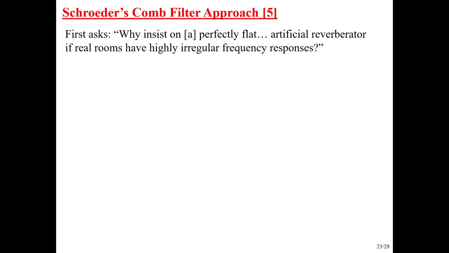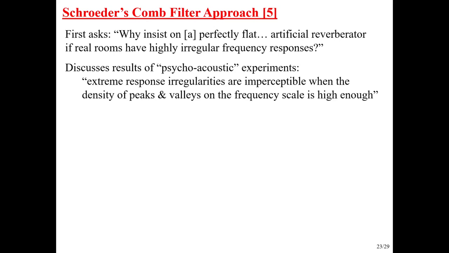So the first thing he does is he kind of backpedals. He says, oops, I made this perfectly flat all-pass reverberator. Do I really want to do that? Real rooms don't really have perfectly flat frequency responses. So he kind of backpedals a little bit and says, I'm going to try to make this a little less perfectly flat and try to get some of that irregularity in it. He talks about some experiments that people had been doing looking at the psychoacoustic characteristics of reverb.